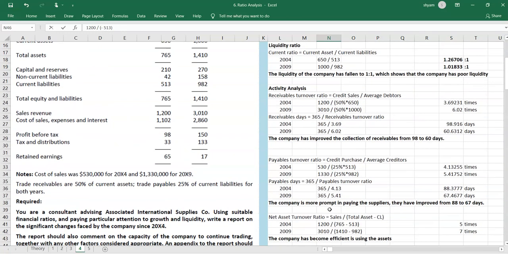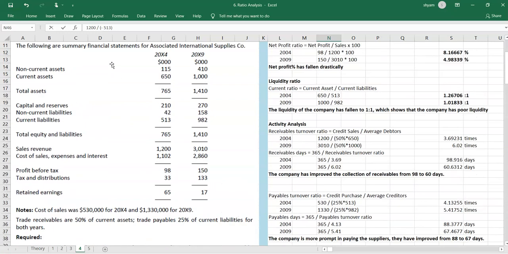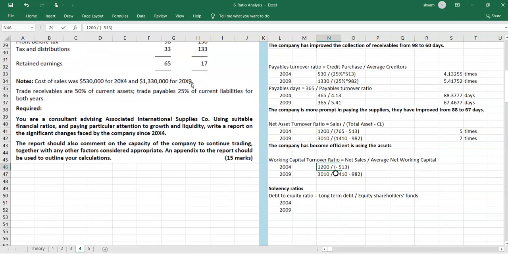Current assets are 650 and 1000, so we can take those numbers. This ratio uses average working capital, which is nothing but current assets minus current liability. So that's what we have done here.